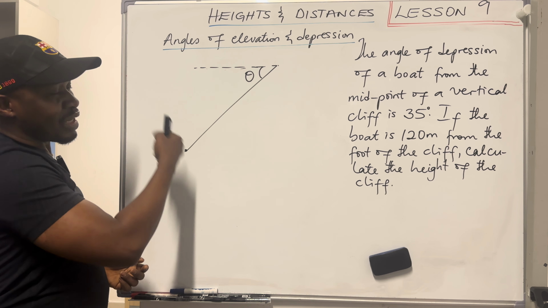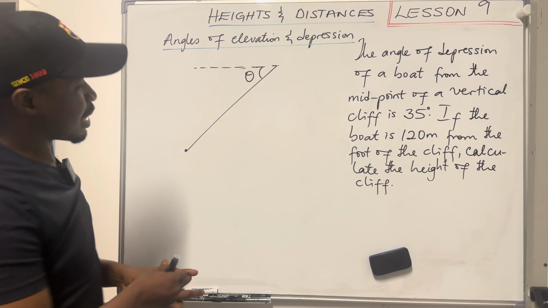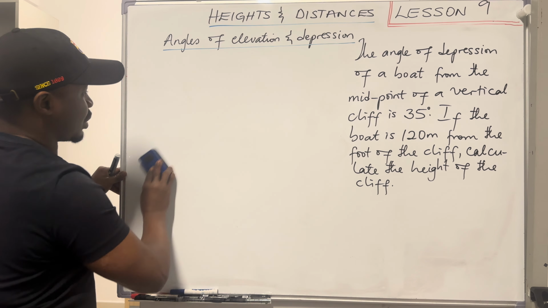From, that from is now referring to where the angle is. From where? From the midpoint of a vertical cliff. But this one is closer to the writing, so let me just put it down a bit. The angle of depression of a boat. So before I even continue, once they say depression, the angle is up.